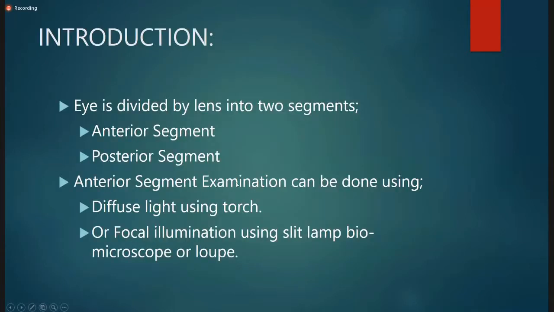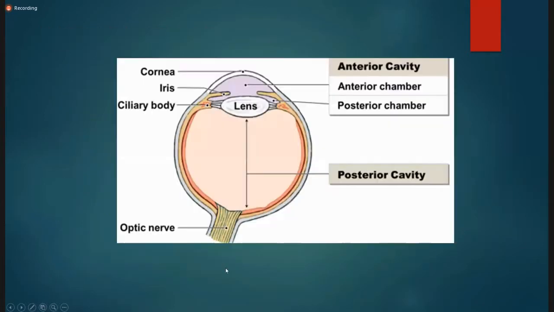It can be done using diffuse light with a torch, or focal illumination using a slit lamp biomicroscope or loupe. With slit lamp examination unaided, that is without any lens, we can see up till 1/3 of the vitreous. But with the help of a 90 diopter lens, we can see the whole retina.